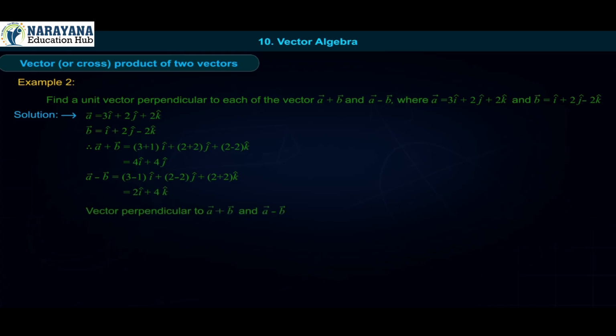The vector perpendicular to vector A plus B and vector A minus B is equal to (A plus B) cross (A minus B), which is equal to the determinant with rows i cap, j cap, k cap; 4, 4, 0; 2, 0, 4, which is equal to i cap times (16 minus 0) minus j cap times (16 minus 0) plus k cap times (0 minus 8), which is equal to 16i cap minus 16j cap minus 8k cap.